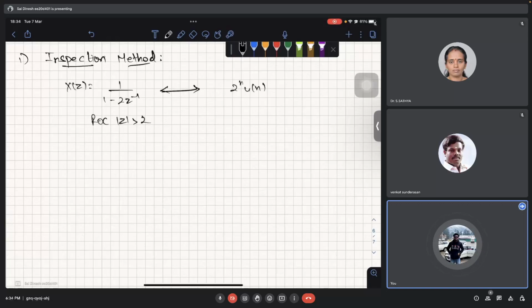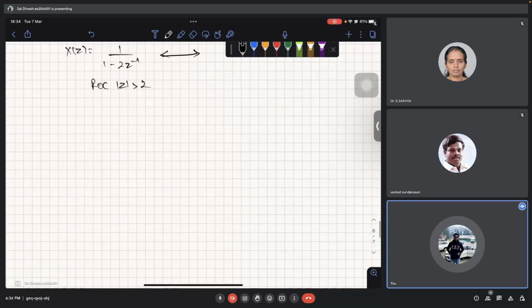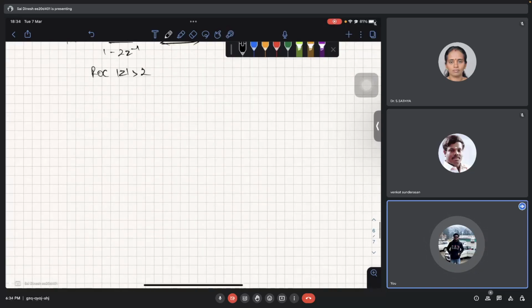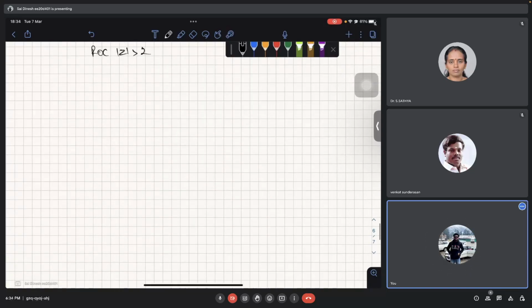So this is one inspection method. You know that 1 by 1 minus a z inverse will give a power n u of n. These are the Z transform pairs that you already know. Using those we find the inverse Z transforms. This is pretty straightforward. The next one is the partial fraction method.